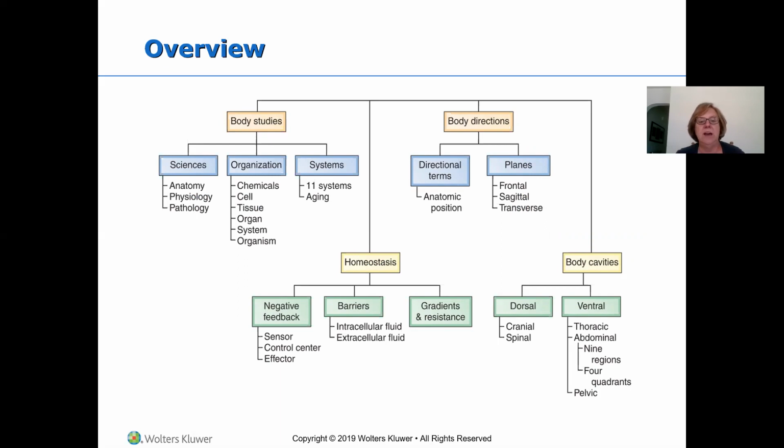At the very smallest level, we have chemicals like sodium and potassium, and you'll find that those are very important in the nervous system. And then those chemicals come together and they make up cells.